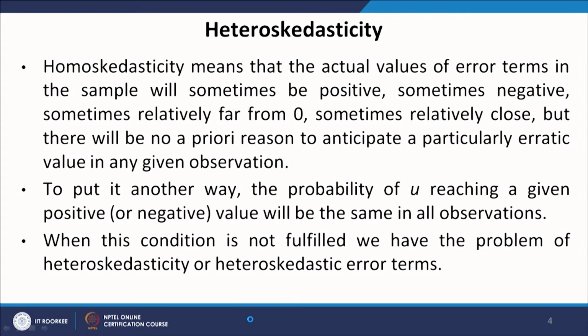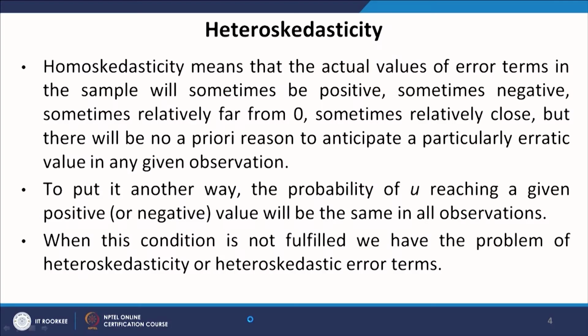Since we are making assumptions about the error variance, what does this error variance imply? The deviations of the error term from its mean value could always be there, but if there is no systematic pattern in it and we do not anticipate a particularly erratic value in any given observation, then we have homoscedastic errors.